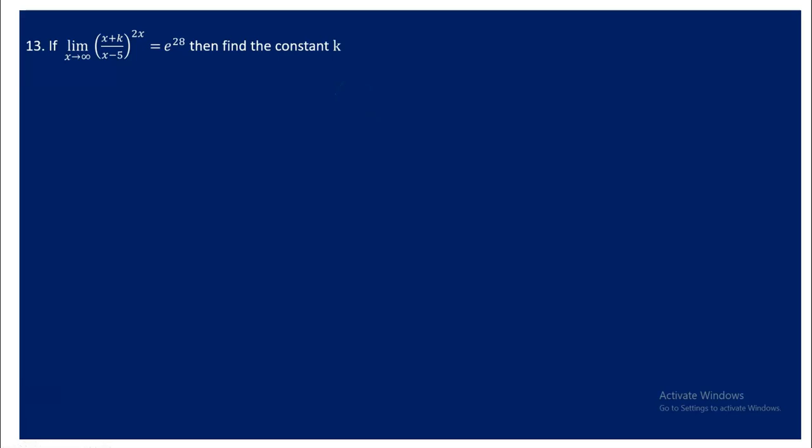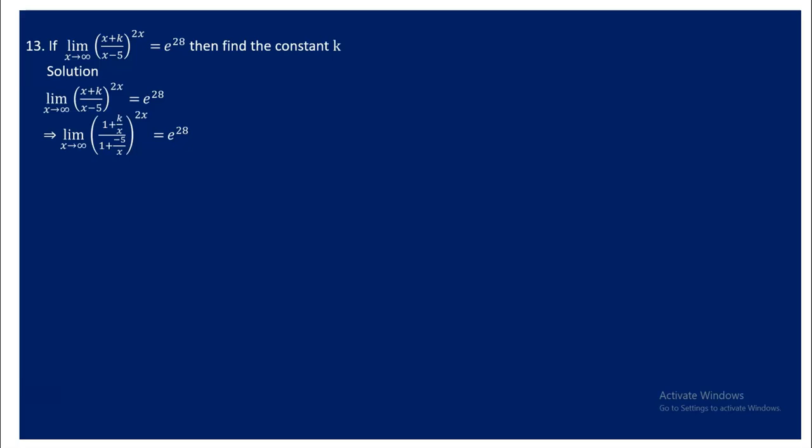Again, students, we need to use those properties written before. So the limit as x goes to infinity of this is the same as this one, students. Look, you simply multiply the numerator and the denominator inside the bracket by 1 over x.